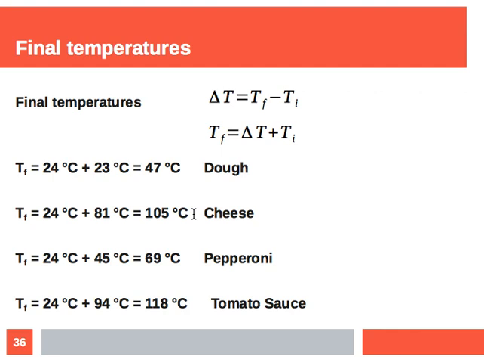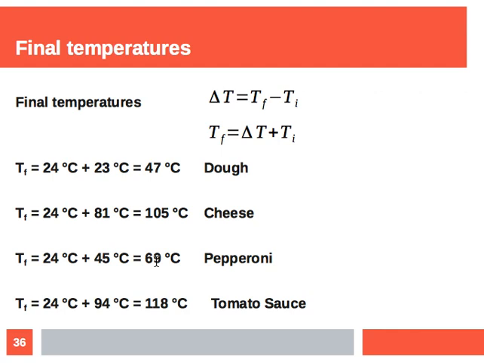You gotta be more careful with the cheese and the tomato sauce, because that's what's probably gonna be burning your mouth more than the dough or the pepperoni. So when you get your hot pizza, the cheese and the tomato sauce are hotter than the other ingredients, even though they were placed in the same oven.